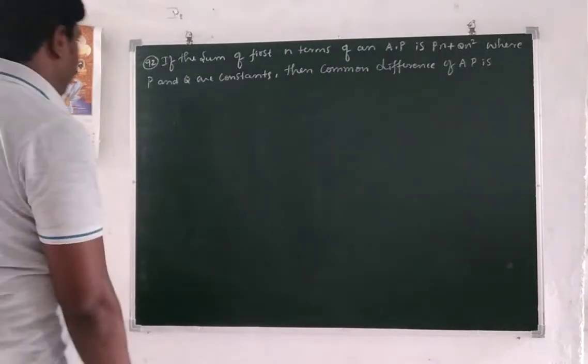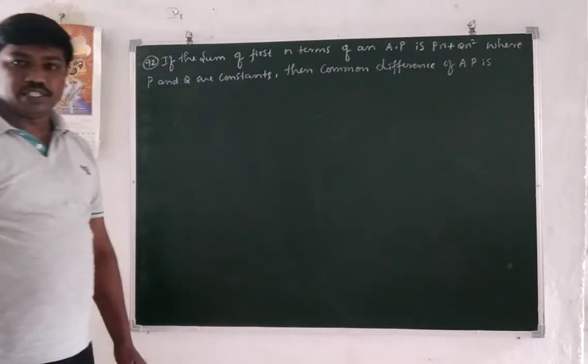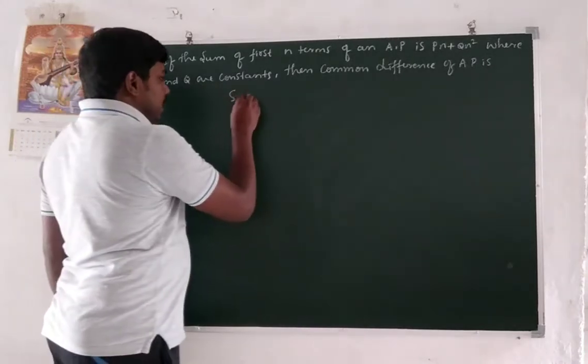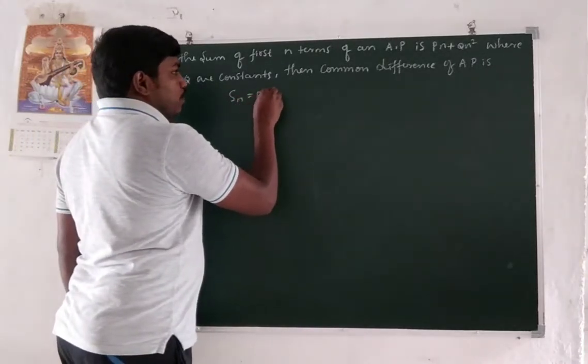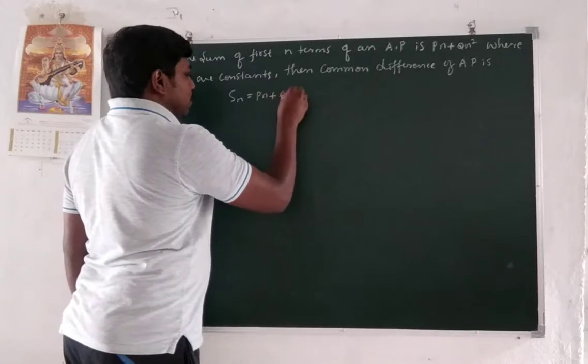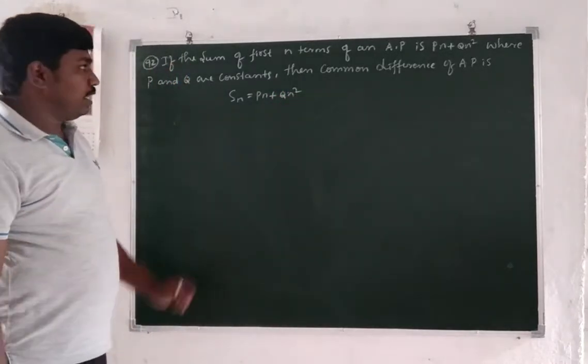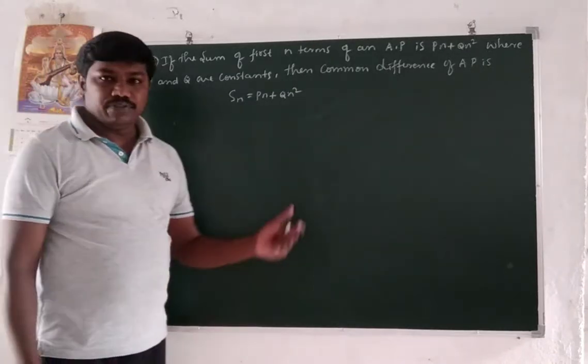Very simple questions. Question 92: if the sum of the first n terms of an AP, Sn, is equal to Pn plus Qn square, where P and Q are constants and n is variable, then what is the common difference of this AP?